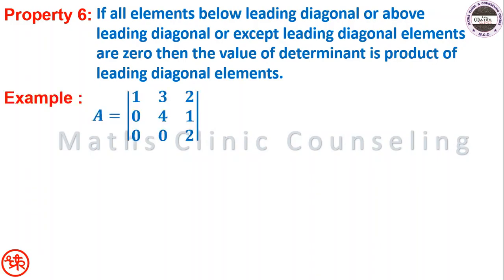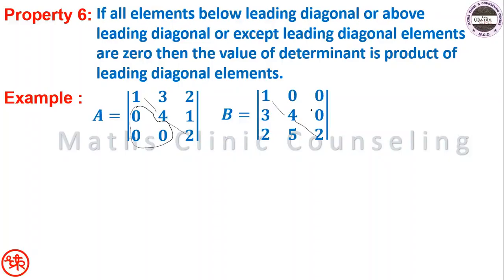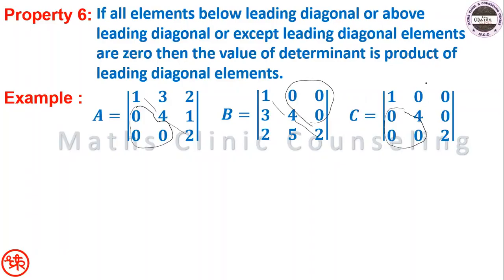This is determinant A. In this you can see these 0, 0, 0 are the elements below the leading diagonal. Similarly, in another determinant these are the elements above the leading diagonal. And similarly in the third, the elements below and above the leading diagonal are 0.